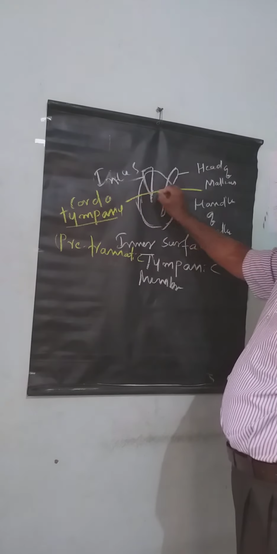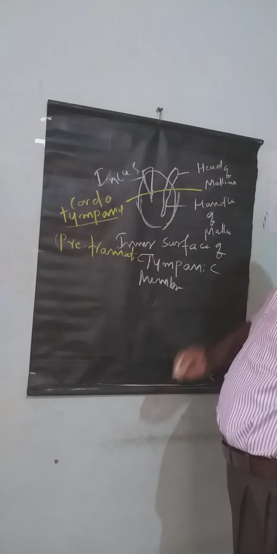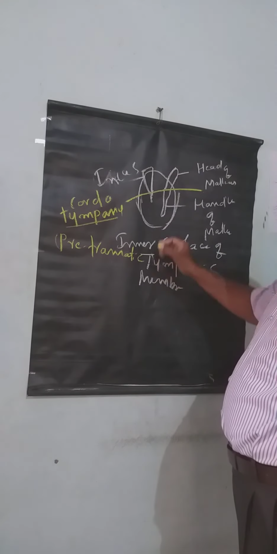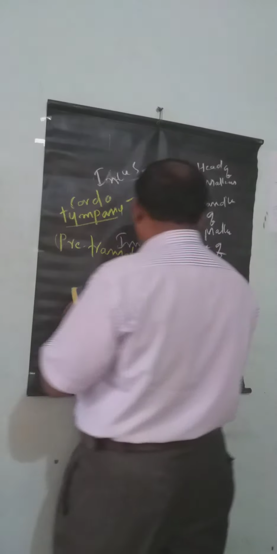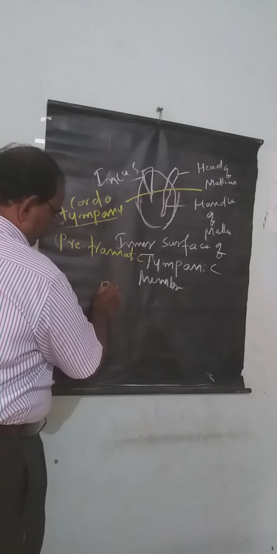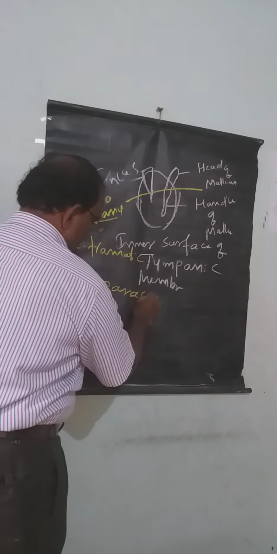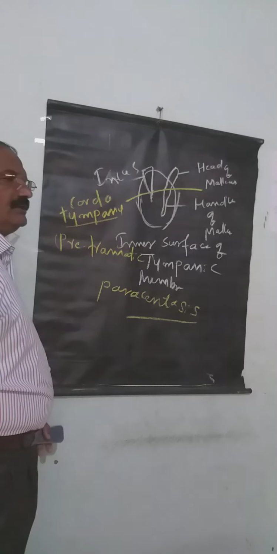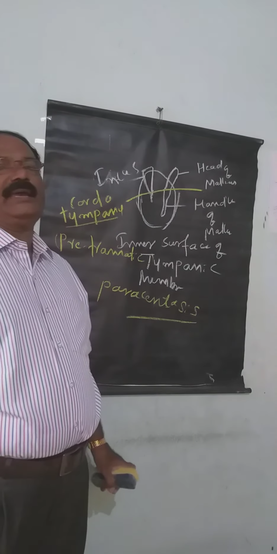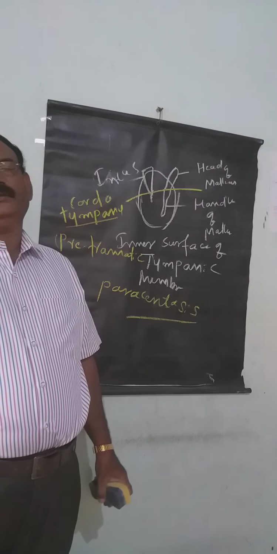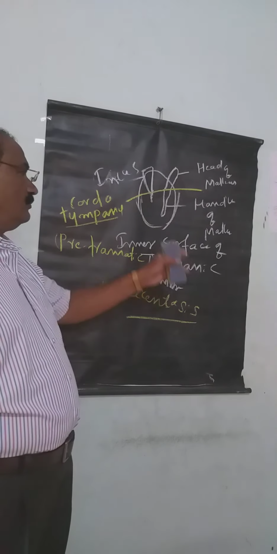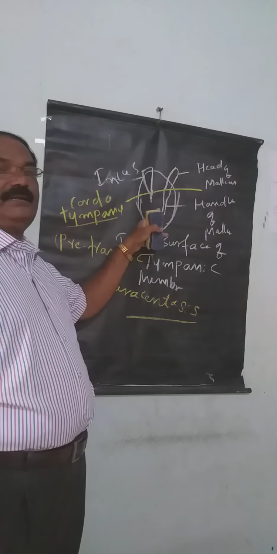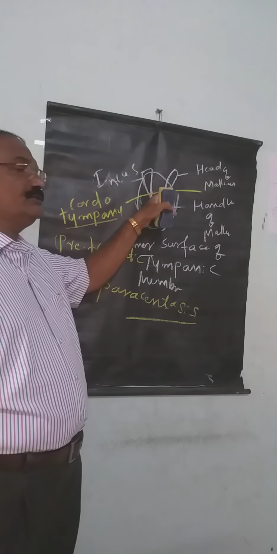Here it crosses these two ossicles. Hence the ENT surgeon must know this, because during evacuation of pathological fluid from the middle ear, he has to puncture the tympanic membrane.